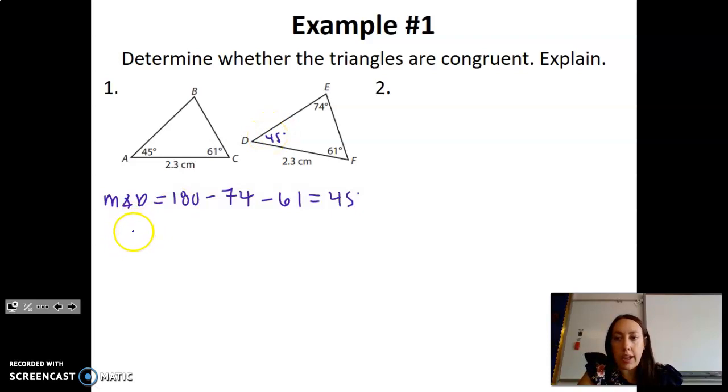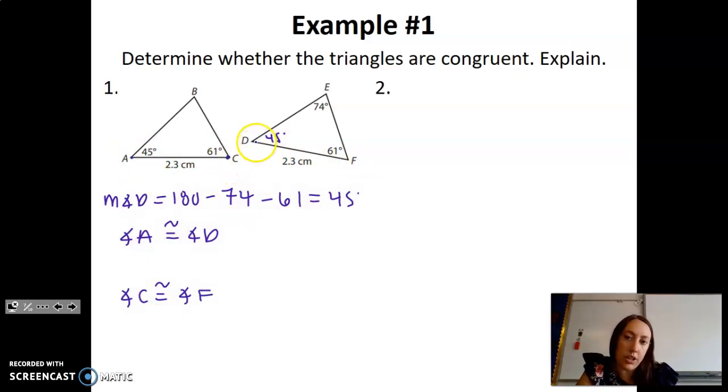All right, so let's check here. We have angle A is congruent to angle D. Those are both the 45-degree angles. We have angle C is congruent to angle F because those are both the 61-degree angles. And then you can see that the included sides are congruent.